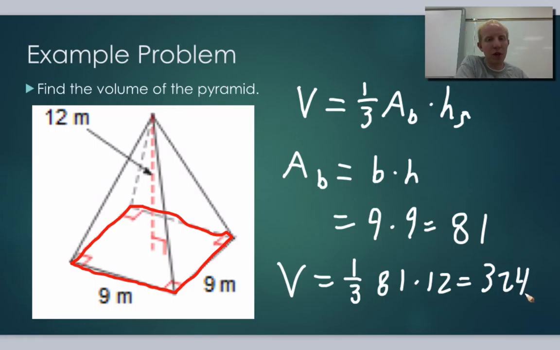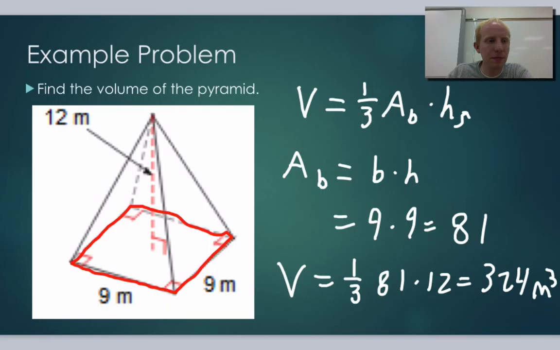Now again, we're still working with cubic units just like in the last podcast, so we're going to be doing meters cubed. This is a volume, so the units need to be cubed. We're working in 3 dimensions. So there we go, that's the volume of this pyramid, 324 meters cubed.